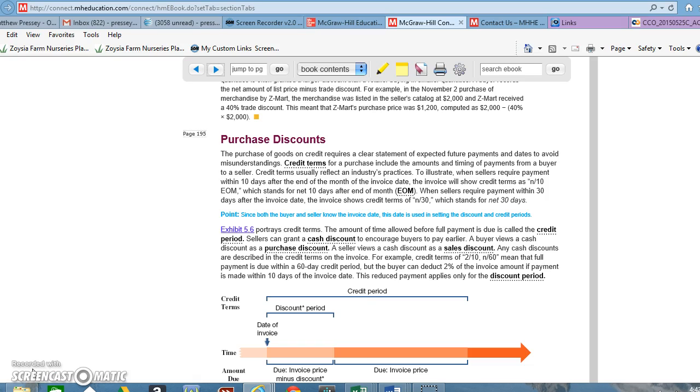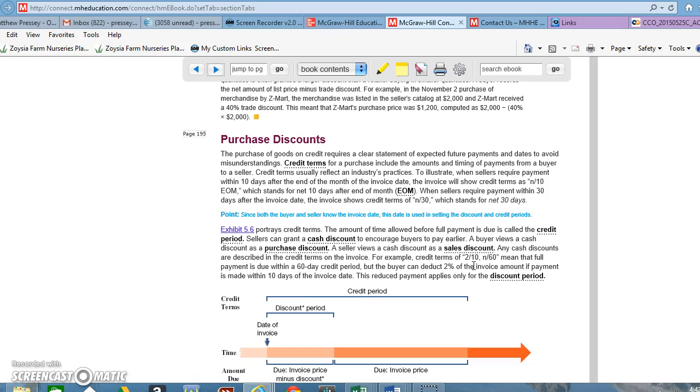So that in 10 slash EOM would mean 10 days within the end of the month.